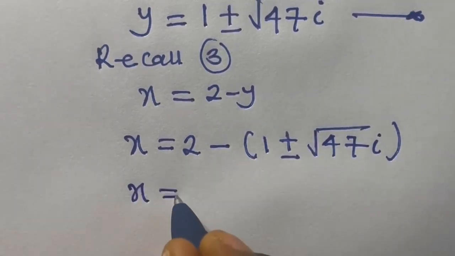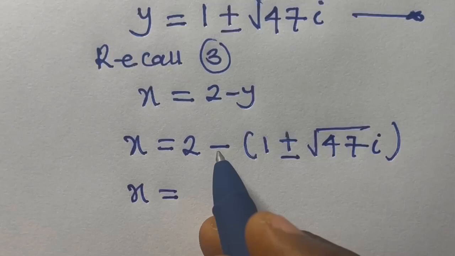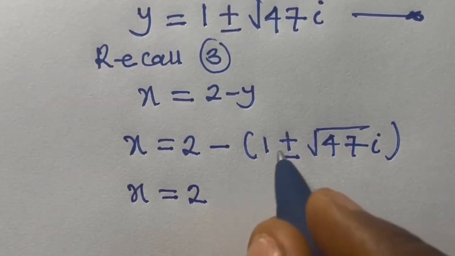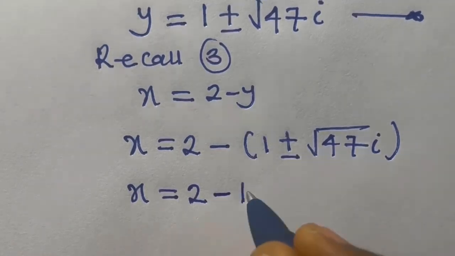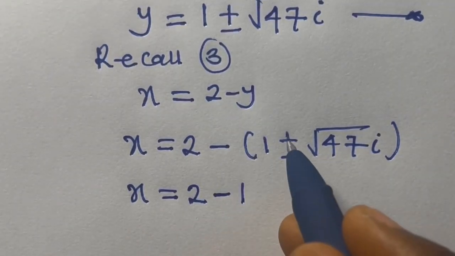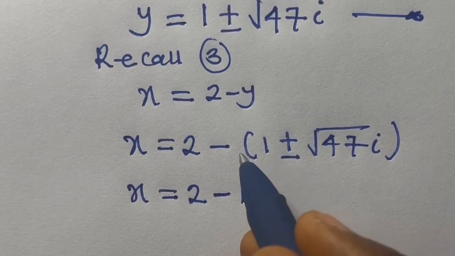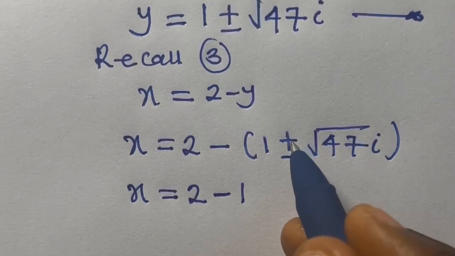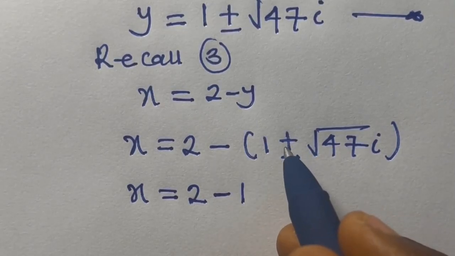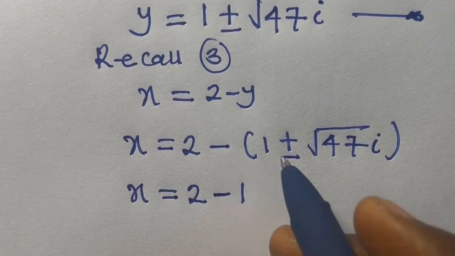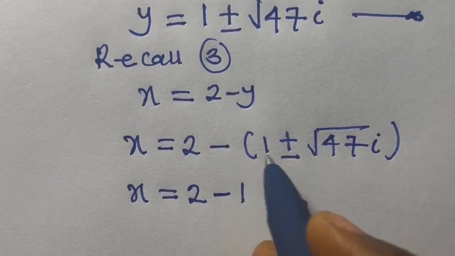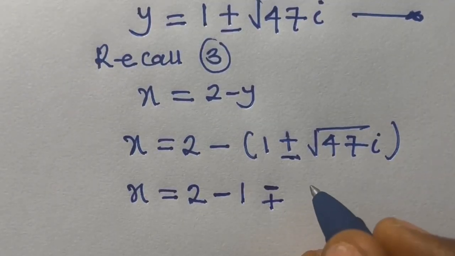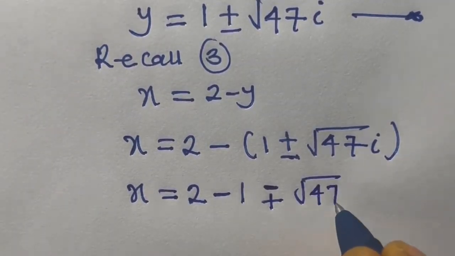We are going to use this minus to expand this. So we have 2 minus times plus 1, we have minus 1. So we now have minus times plus or minus. What this will effect here is that it will interchange this sign. If you have something plus here before and you multiply it by minus, it will be minus. This is minus, minus times minus, that is plus, right? So square root of 47 i.